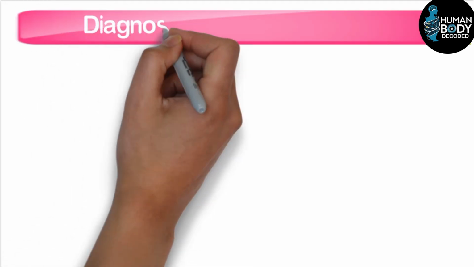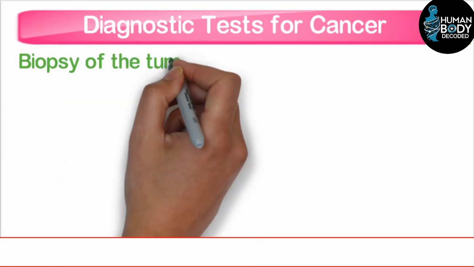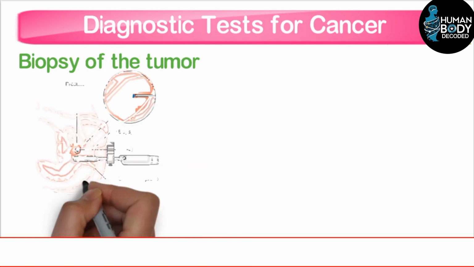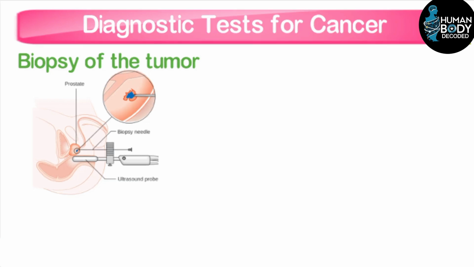Now, let's move on to what tests are done for confirmation of cancer if someone has it. Students, the first test we do is biopsy. In this figure, you can see an injection is being used for biopsy. Then this sample is sent to the lab, where it is found out whether it is a tumor or not.